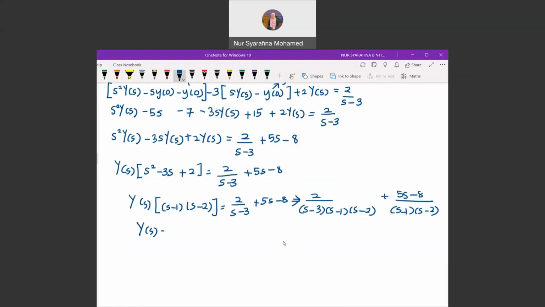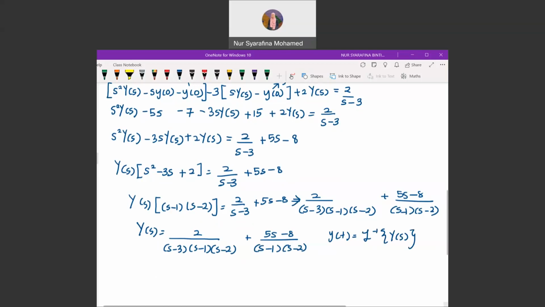So Y(s) equals 2 over (s minus 3)(s minus 1)(s minus 2) plus (5s minus 8) over (s minus 1)(s minus 2). As you can see, this is Y(s). In order to get y(t), what you need to do is to take the inverse transform of Y(s).